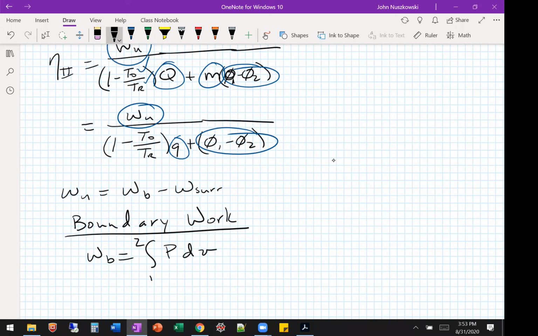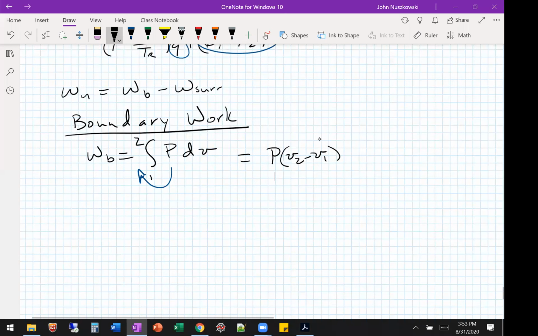Okay, so pressure is constant for our system, so we can pull pressure out of the integral, we get P(V2 minus V1). Okay, so if we look at work useful, we have P times change in volume, and then work on the surroundings is just the dead state pressure times change in volume.